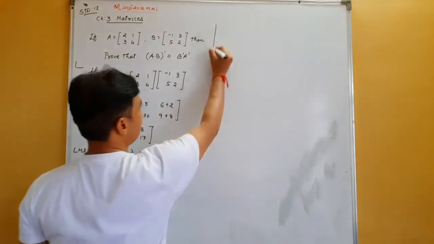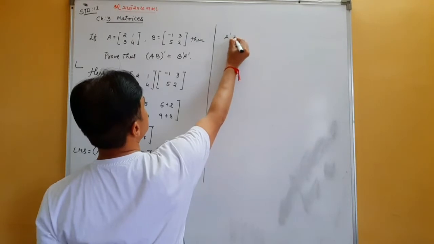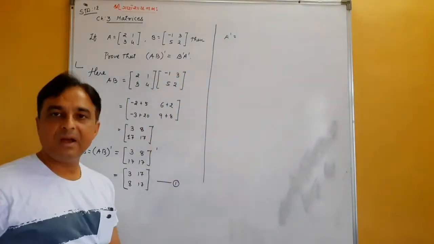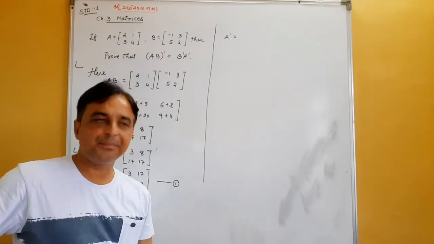Now we have to find A' and B' and then multiply them.